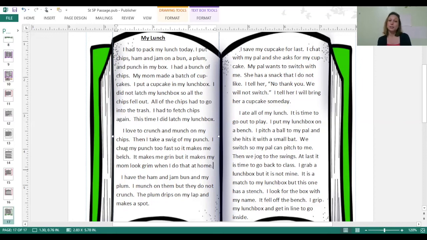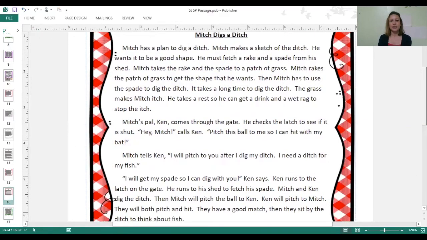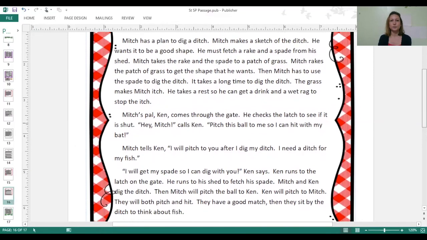And make sure you pause it. Take your time to read this several times through so you get better each time. And then come back and I'm going to show you the passage that we began last time. Mitch digs a ditch.